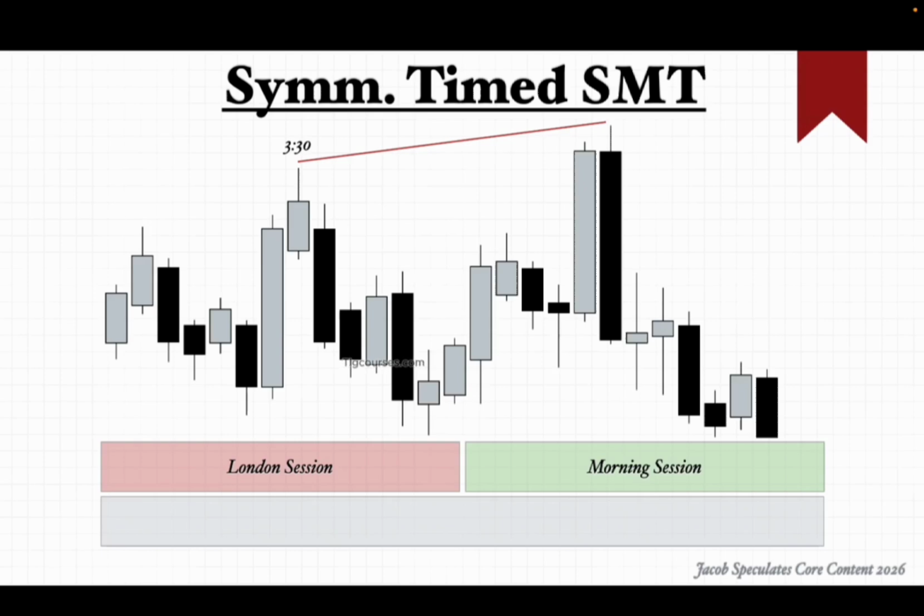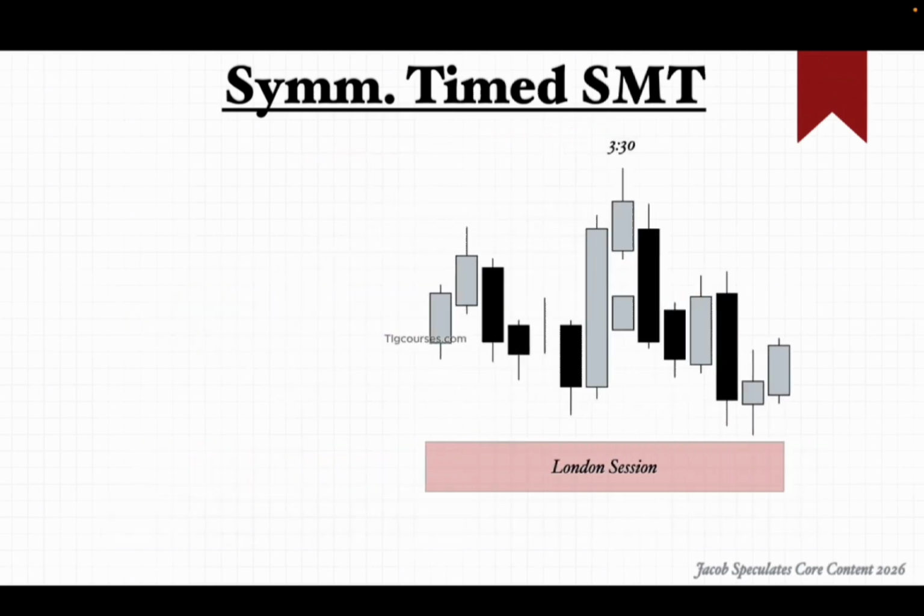And like I mentioned earlier, they don't really require a second stage cracking correlation. And I'll say it one more time: since the previous quarter that we're using, which would be the London session, the high formed at the exact same time on all three assets, if a sequential SMT occurs at that high, it is a high probability SMT.